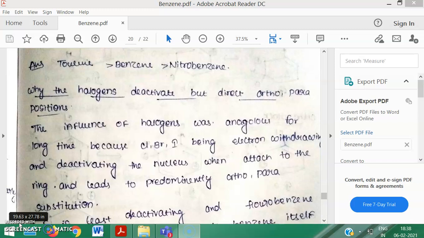Whereas in the meta attack, the positive charge does not come onto the carbon directly attached to the deactivating group. That means the positive charge is missing from that deactivating carbon.